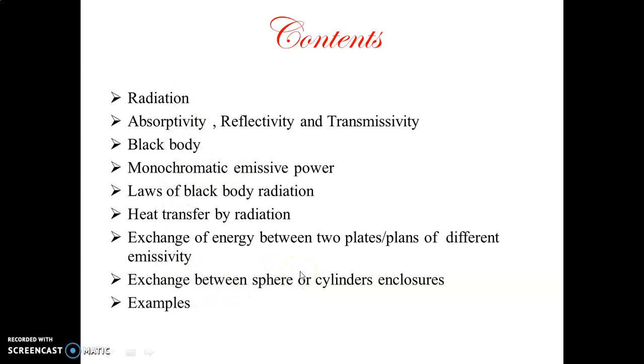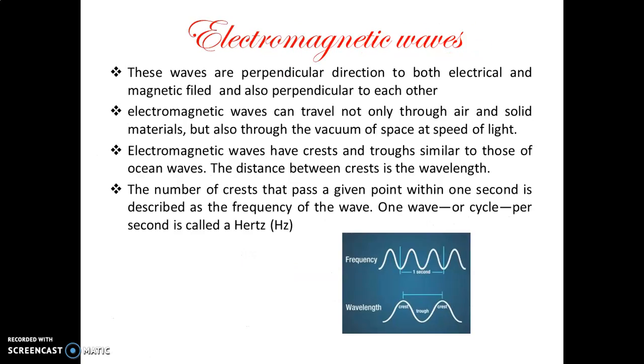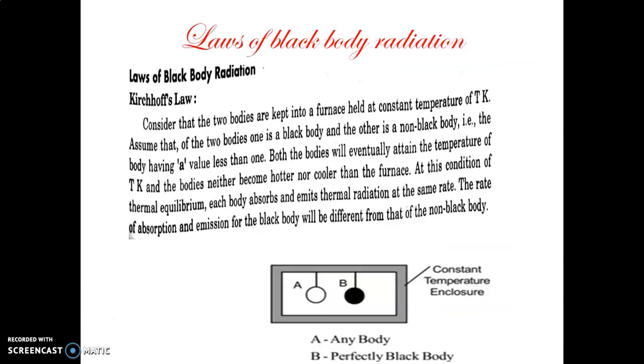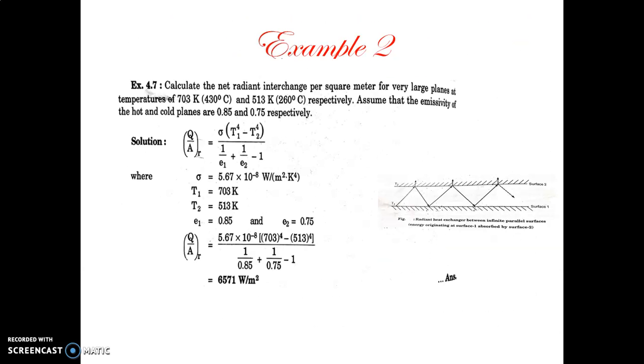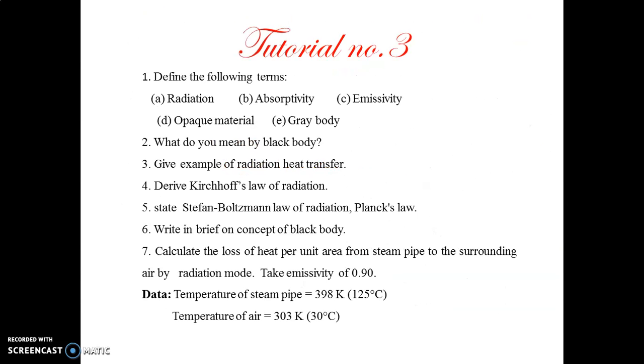So here the chapter is completed, and I have prepared one tutorial. This tutorial is posted in your Google Classroom. What are the questions included in this tutorial? There are some definitions you have to define: radiation, absorptivity, emissivity, opaque material, gray body.